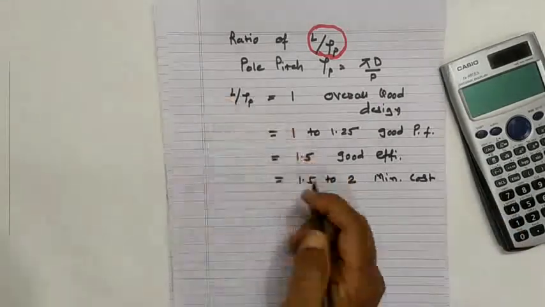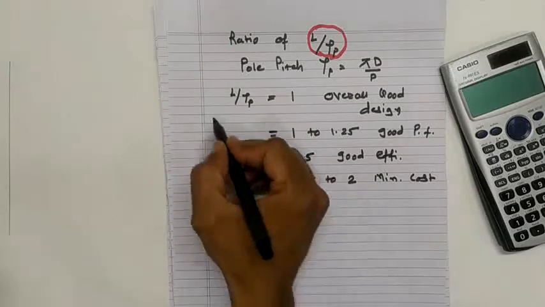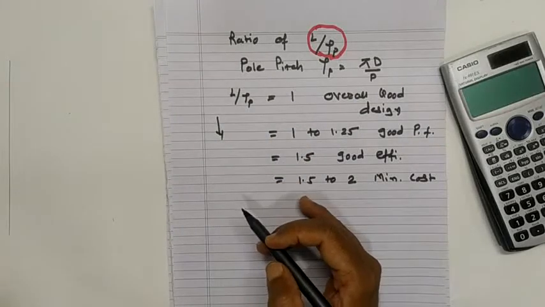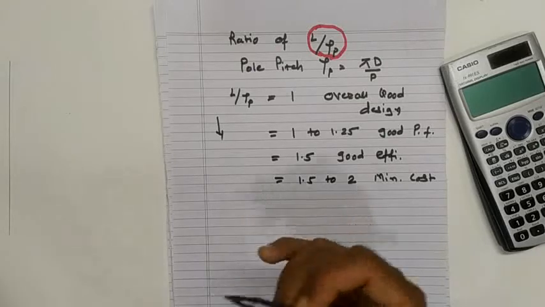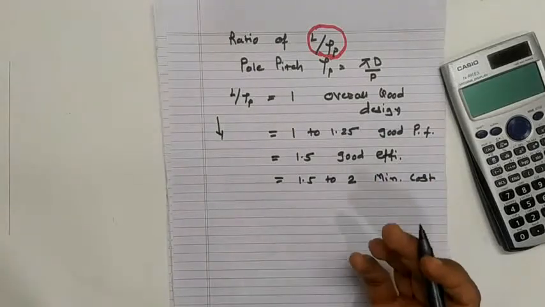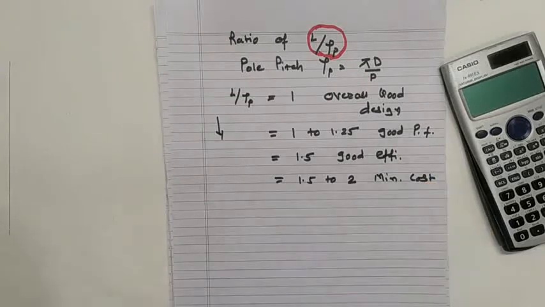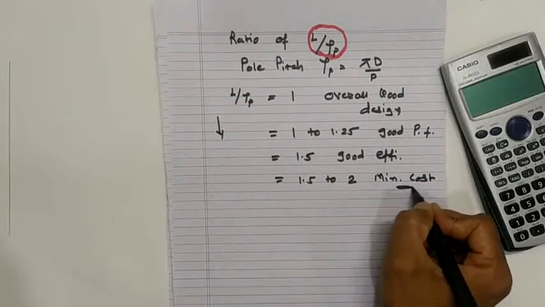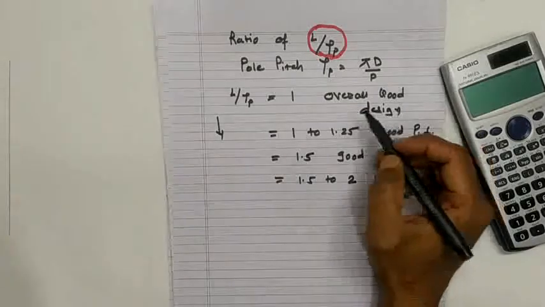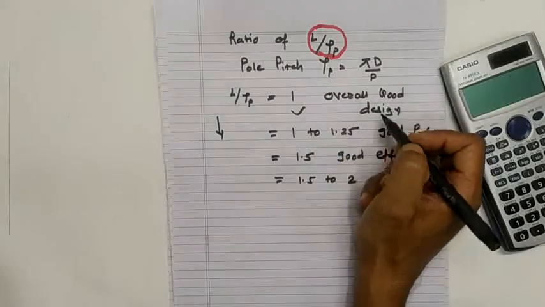As we go on increasing the ratio, the diameter reduces, so weight and cost decrease, and it becomes less and less costly. But normally we take a ratio around 1 for overall good design.